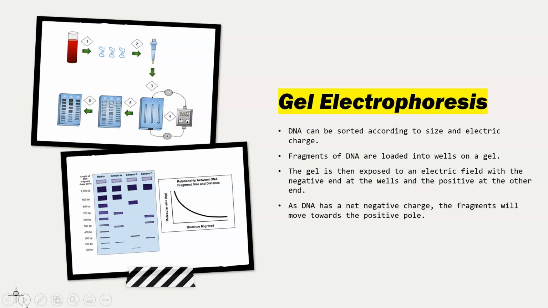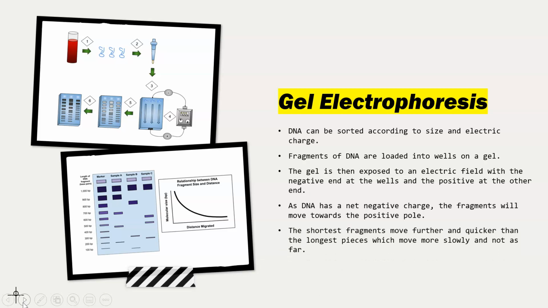As the DNA has a net negative charge, the fragments will then move towards the positive, so opposites attract. The DNA is pulled towards the positive pole. The shortest fragments will move further and quickest compared to the longest pieces, because they're lighter and easier to move through the gel.